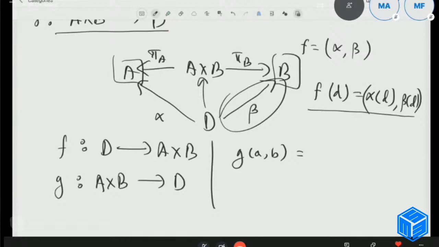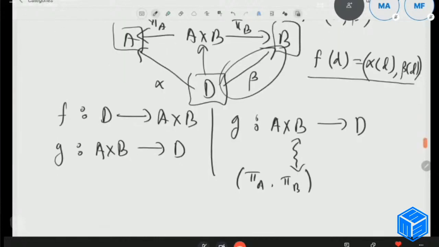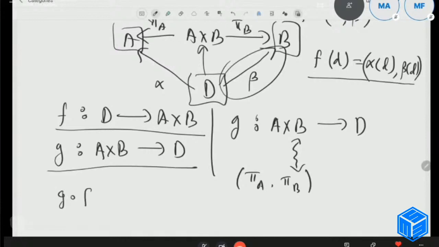All right. My assumption is that there is a map G. That's the property of D that I assumed: there exists a map G from A cross B to D that corresponds to the maps pi A and pi B. That was an assumption I made on D. So I have two maps, one going from D to A cross B and another going from A cross B to D, and it can be checked that G composed with F is equal to the identity of D. I think I always get this wrong.